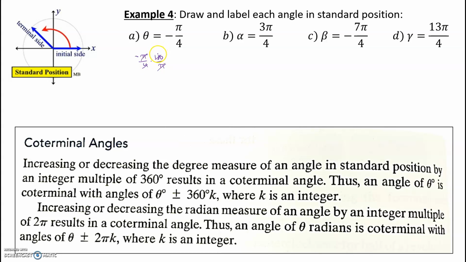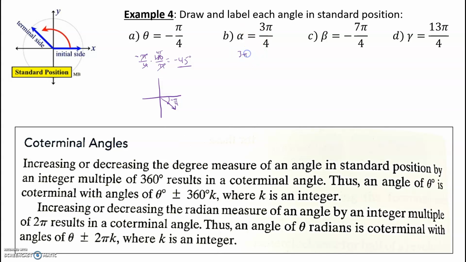And we get 45. So here we get negative 45 degrees. So in terms of standard position, just means we're starting here and going to 45 degrees. So we want to get to negative 45 degrees. So we're going to start here and we're going to go to negative 45 degrees. So that's negative pi over 4.